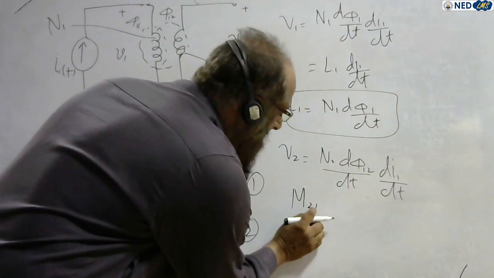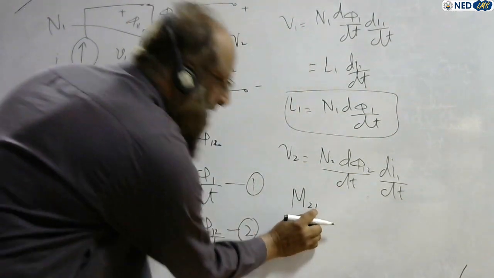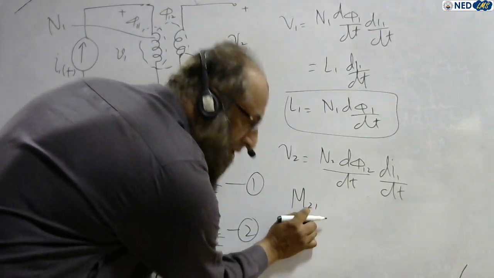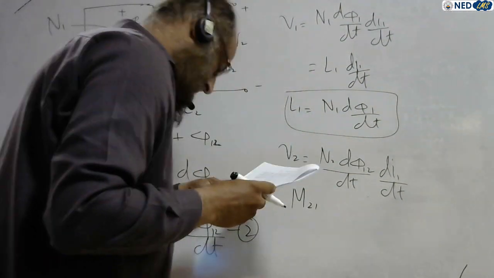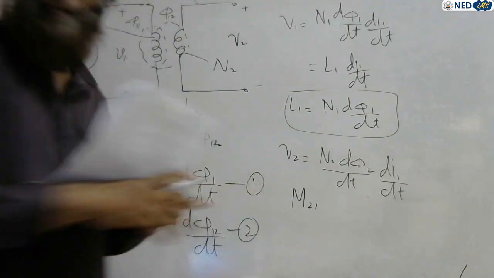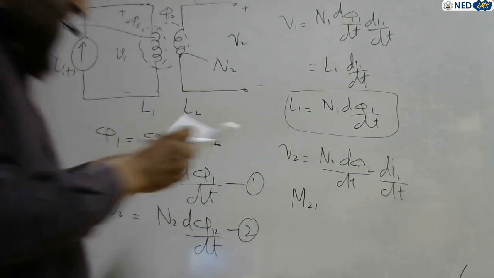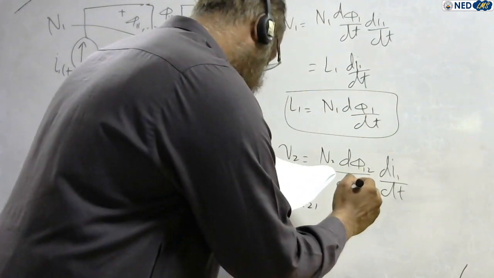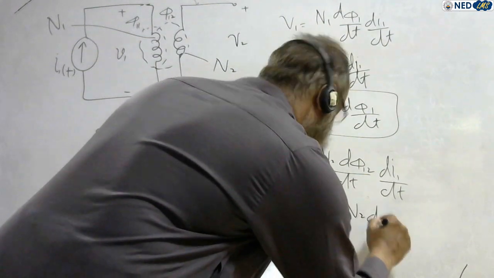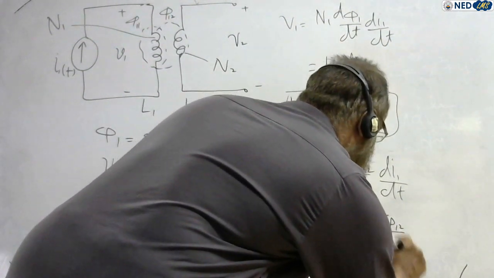The mutual term becomes M21. The mutual of primary on secondary, right? The change in current in first coil, mutual inductance on secondary coil. 1 on 2, M21, right? So that M21 equals nothing but N2 by d phi 1 2 over dt.